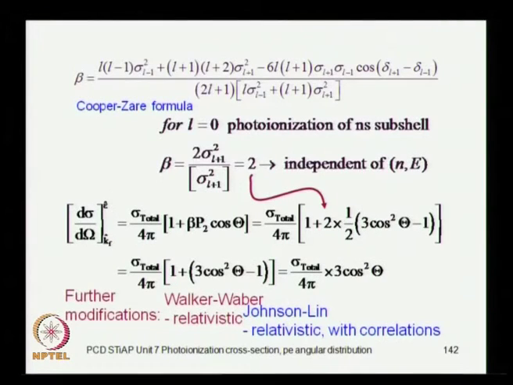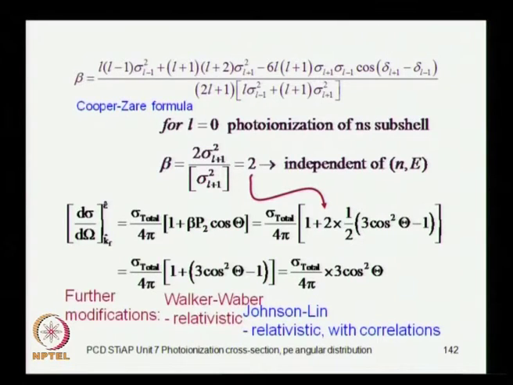But then there have been studies in which these correlations have been included, and the relativistic many body correlations, those expressions are developed by Johnson and Lin in the random phase approximation.